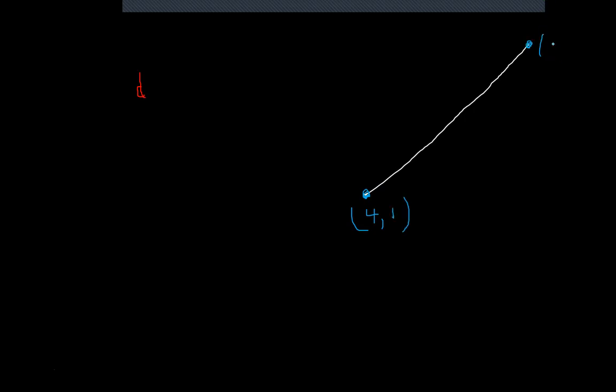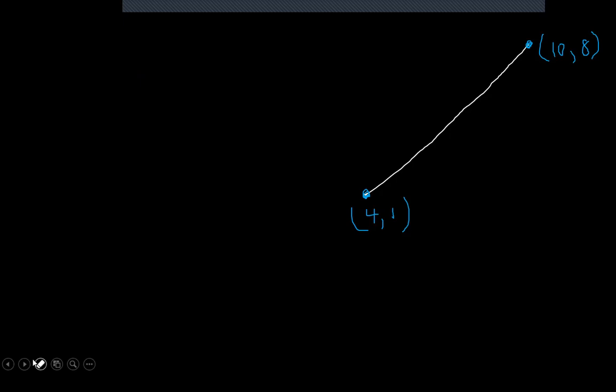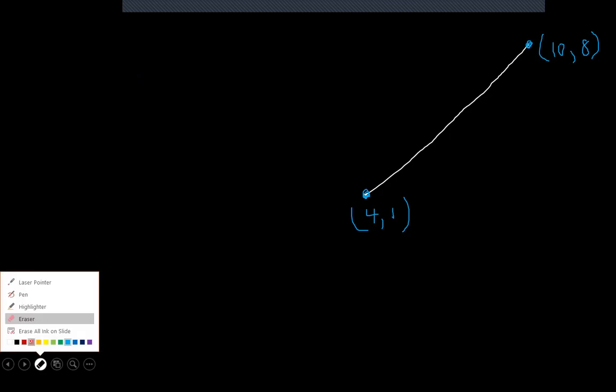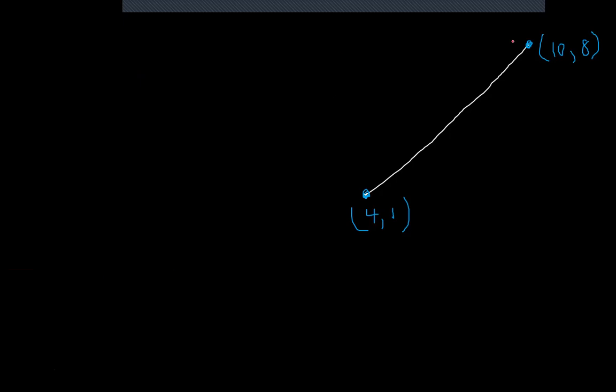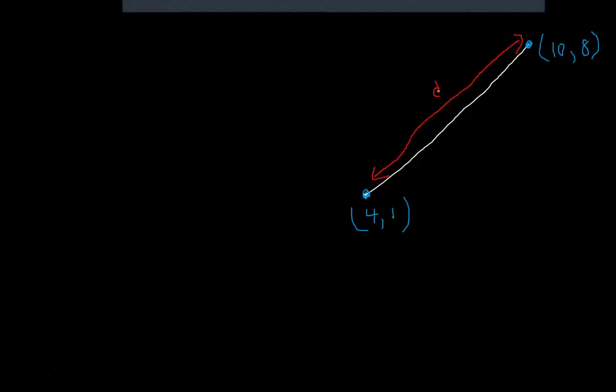And this coordinates is 10 and 8. So this is just a formula you have to memorize to find the distance between 2 points. So this whole length here, the distance between 2 points, would also give me the length of this line. So I'll name this D. Formula that you have to memorize. This is just something you have to memorize.